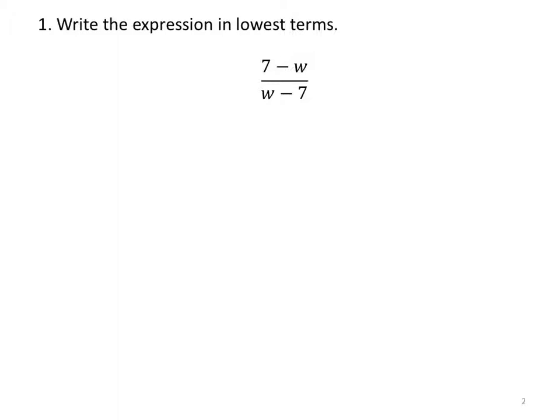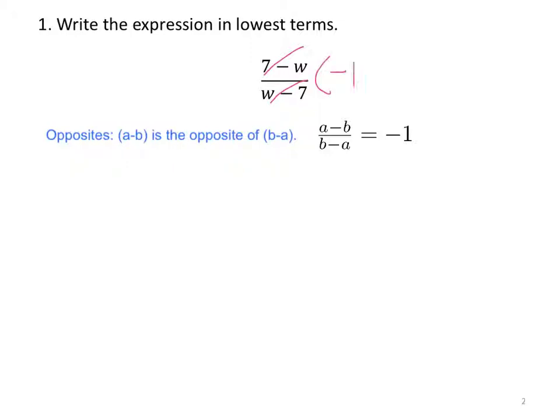In this problem, you are to simplify, and you need to realize that 7 minus w and w minus 7 are opposites. That means when you cancel the opposites, you end up with -1. So your 7 minus w and your w minus 7 cancel to leave -1.